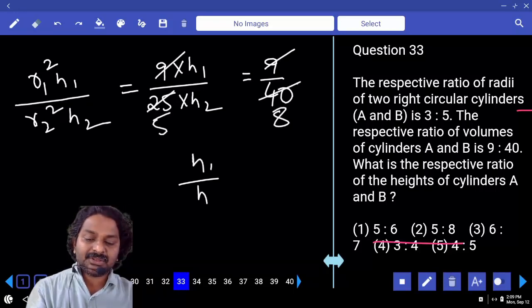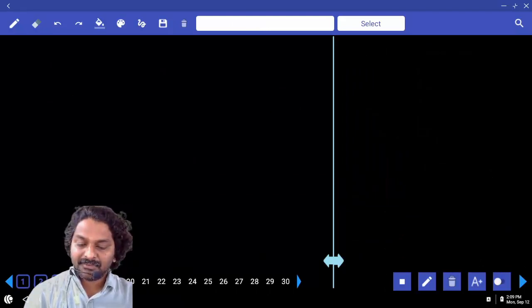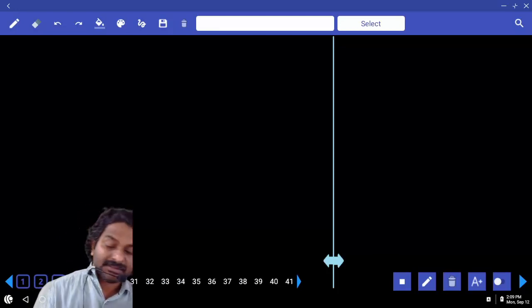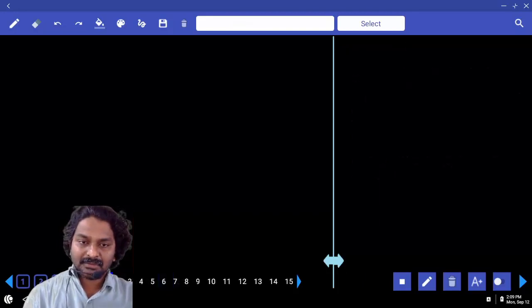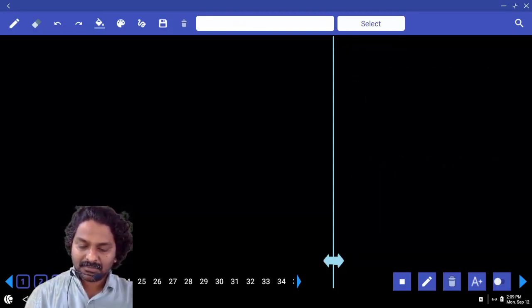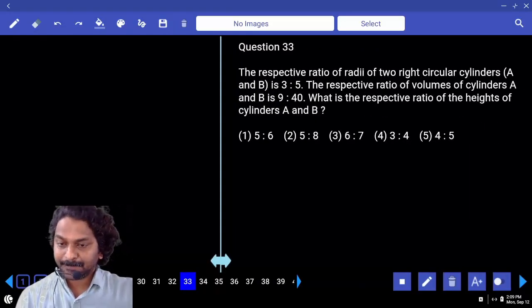From this, h1 by h2 is equal to 5 by 8. Right, 5 by 8, 5:8.